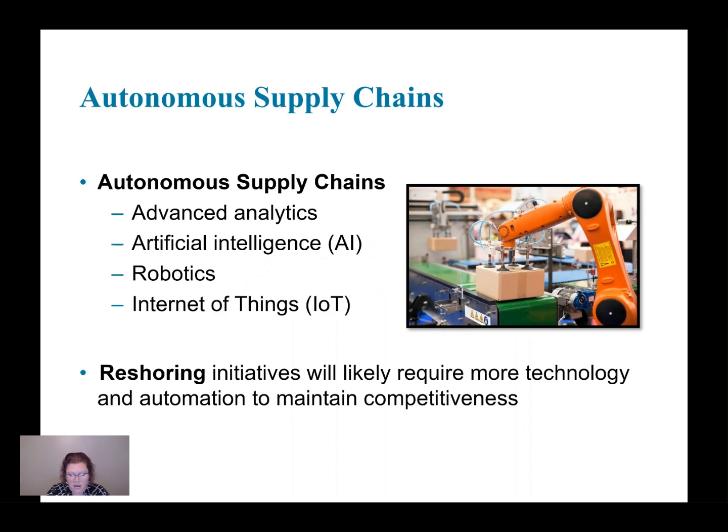We can use AI to help us both drive internal efficiencies, but also equipment efficiencies. And then, of course, different types of robotics and automated equipment can help as well too. So we'll be doing additional videos on each of these types of technologies because they are certainly the future of supply chain design.